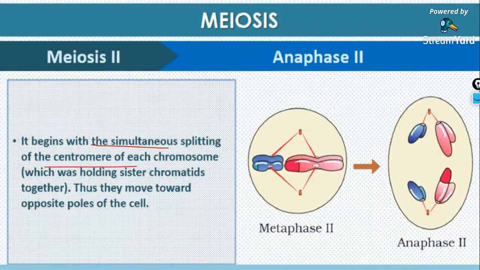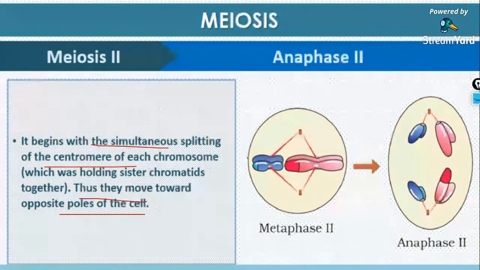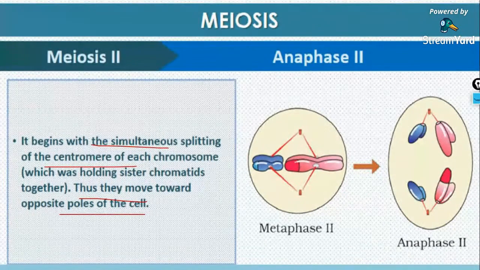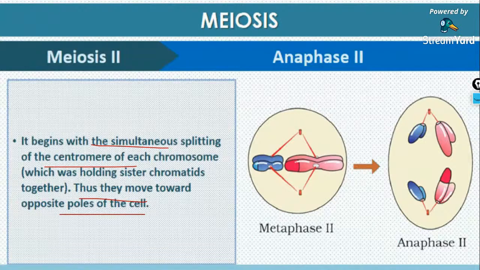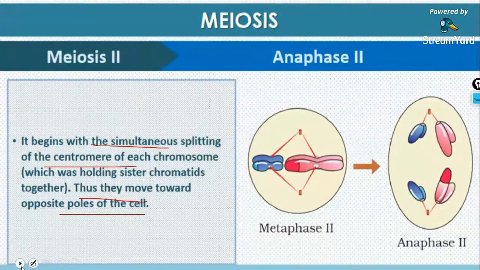The differences from mitosis are there in meiosis 2. The splitting of the centromere occurs in anaphase of meiosis 2.